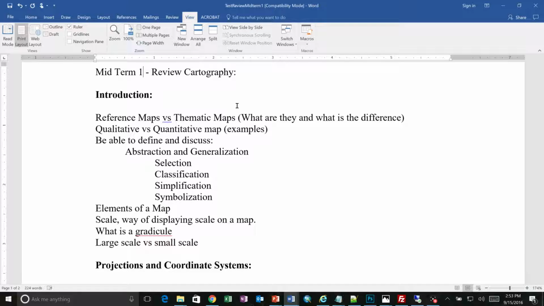And then something that we talked a lot about today is the difference between qualitative and quantitative. We did talk about it back then, but you may not have fully understood it until today. So a qualitative map basically shows you information about things that are labeled names or categories, whereas a quantitative map communicates quantities or numbers to somebody.